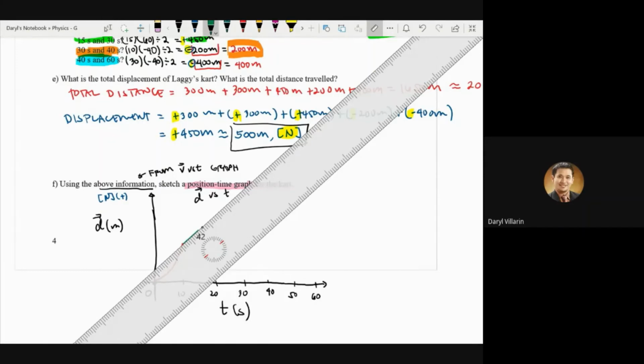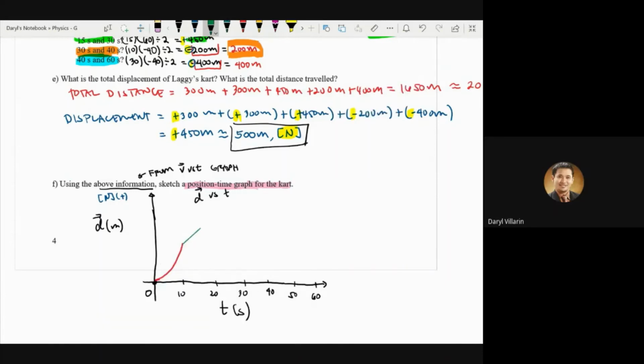Okay, so maybe somewhere there, right? So 15 seconds is here, around 15 seconds. So again, a straight line in your position-time graph pertains to constant velocity, constant v, okay?